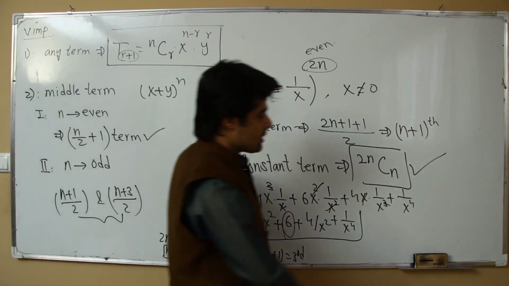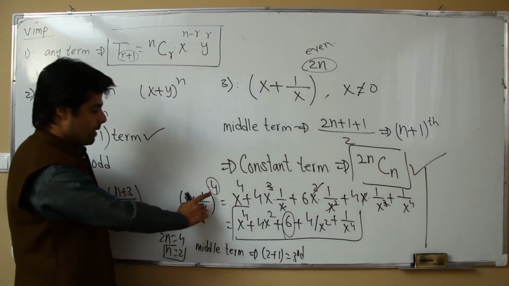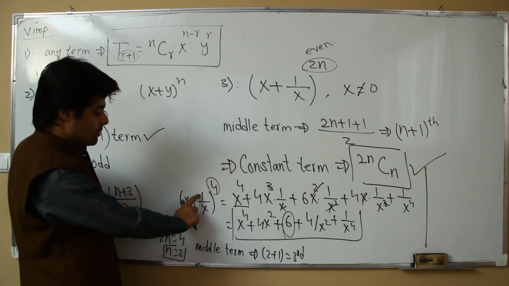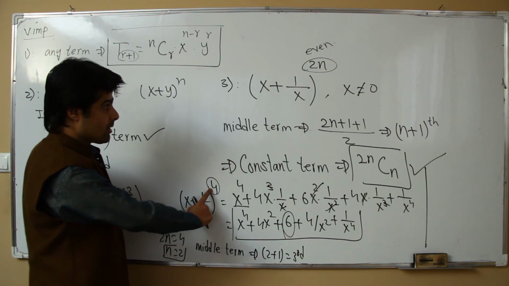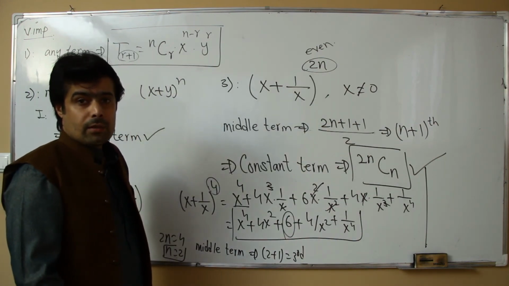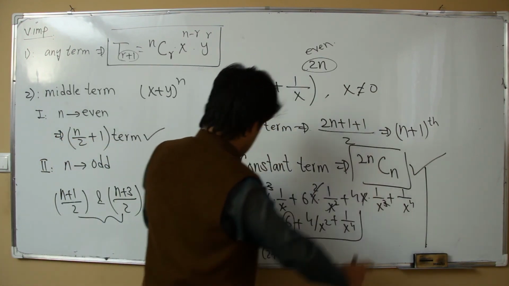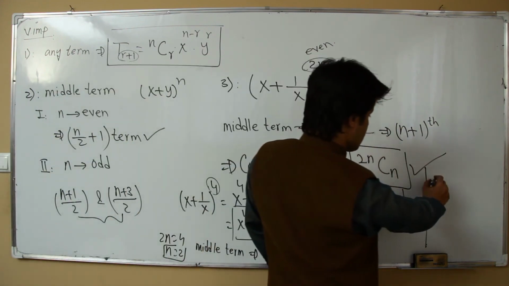What do I mean by 2nCn? It means do not expand. When the power is small, the expansion is easy. But if we have (x plus 1 divided by x) raised to the power 100, 100 is even. Where is the middle part? You can use this: 2n should be equal to 4, so n is 2.